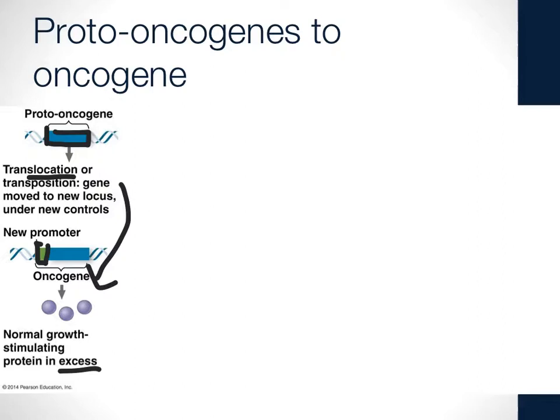Similarly, the same gene could be copied multiple times with an error in DNA replication, and this would result in too many copies of the gene and thus too much transcription and translation of the protein. Or we could even change the gene itself and make a version of the protein that's impossible to break down, or a protein that's more active. So these are all different ways that a proto-oncogene could be mutated to become an oncogene.